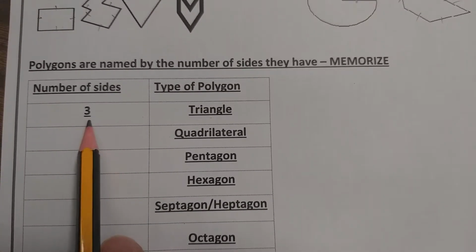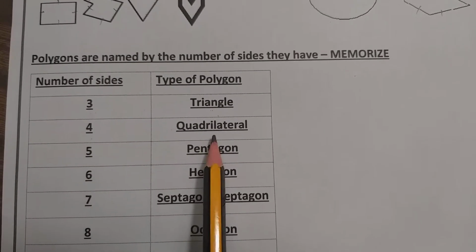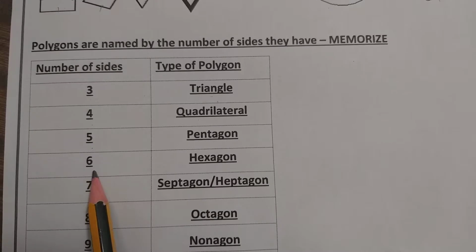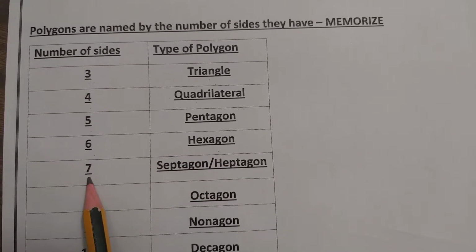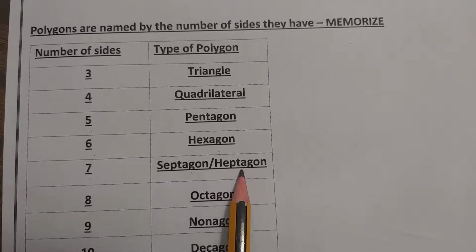Now, 3 sides is a triangle, 4 sides quadrilateral, 5 pentagon, 6 sides hexagon, 7 sides septagon or heptagon.